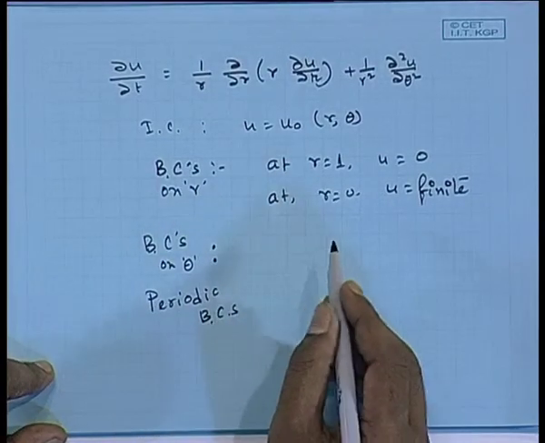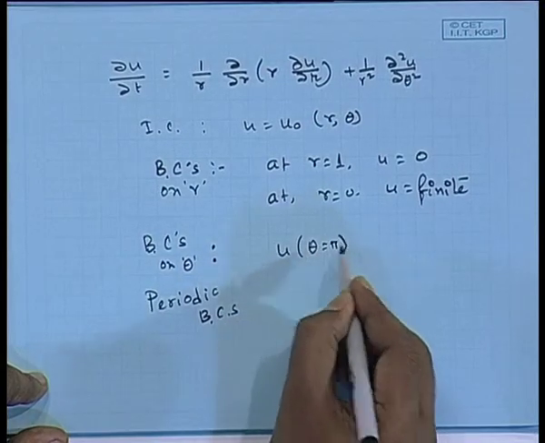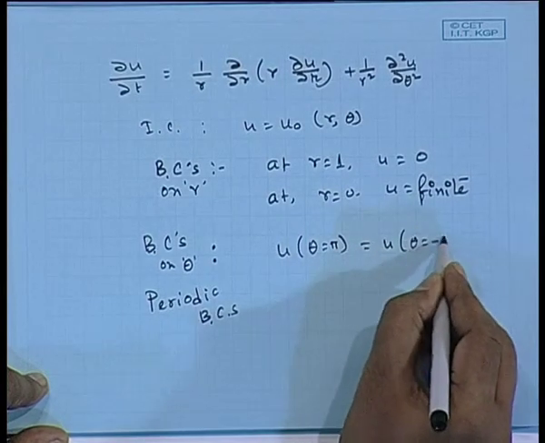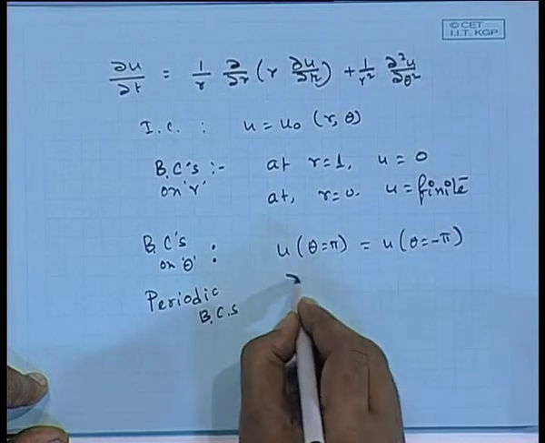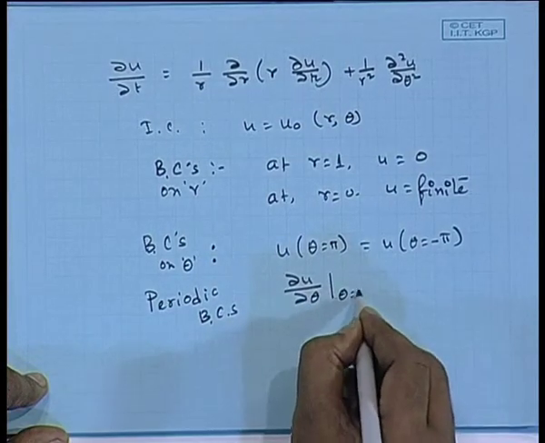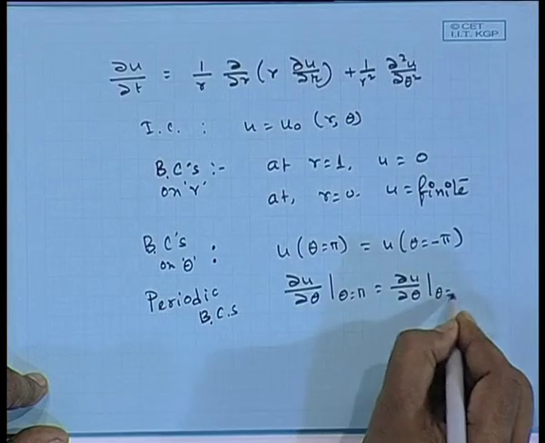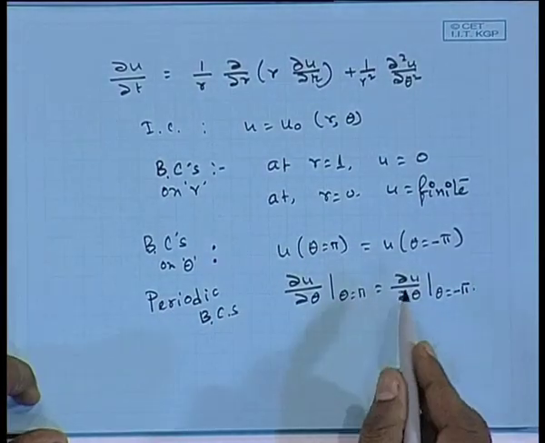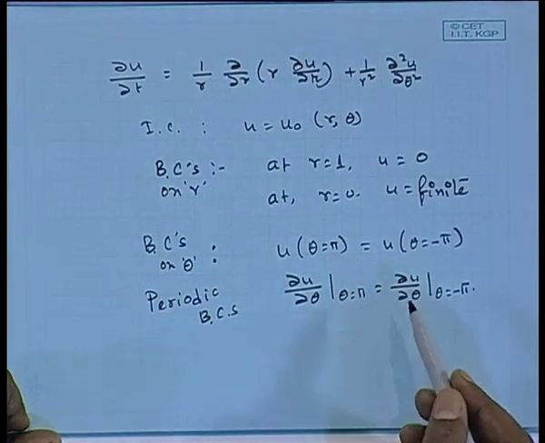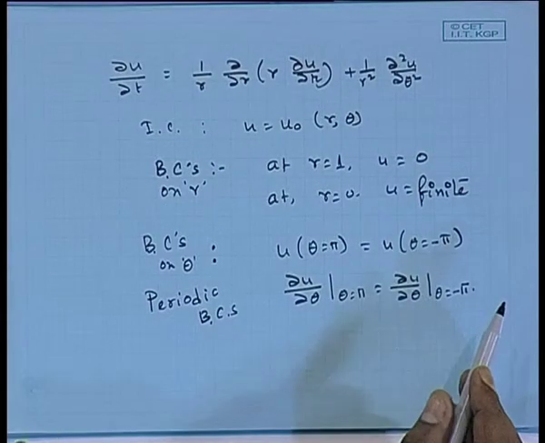Periodic boundary conditions: one is u at theta equal to pi, for any r and t, is equal to u at theta equal to minus pi, and ∂u/∂θ at theta equal to pi is equal to ∂u/∂θ at theta equal to minus pi. That means that temperature and gradient of temperature will be repeating themselves over 2π. Okay. So, now all the boundary conditions.